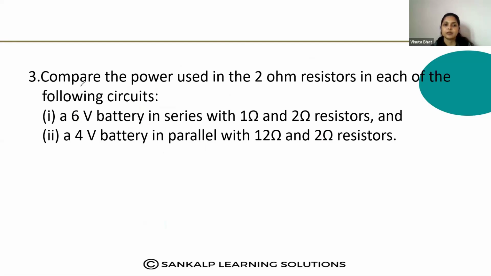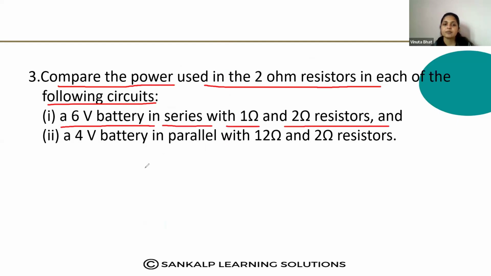Next question. Compare the power used in the 2 ohm resistors in each of the following circuits. A 6-volt battery in series with 1 ohm and 2 ohm resistors. A 4-volt battery in parallel with the 12 ohm and the 2 ohm resistors.